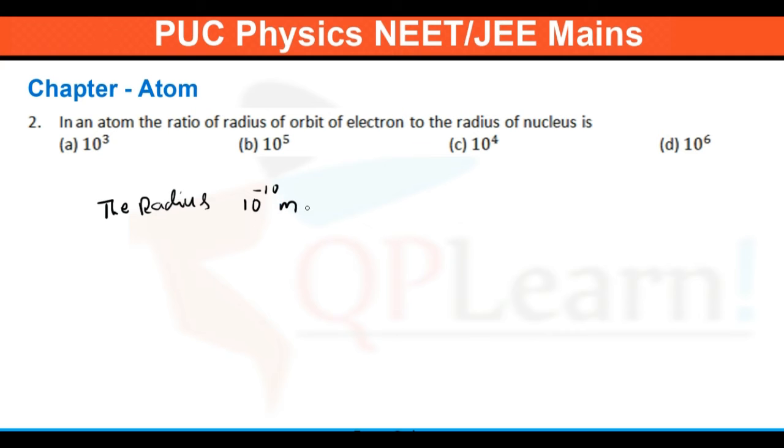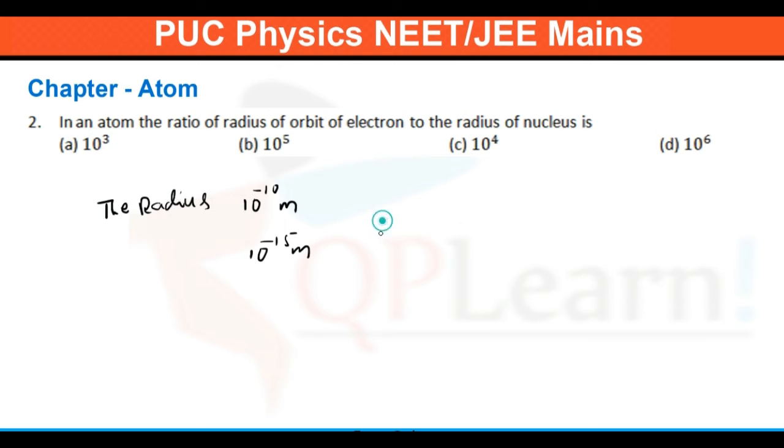Similarly, the radius of the nucleus is 10 to the power of minus 15 meter. They are asking the ratio of these two things.